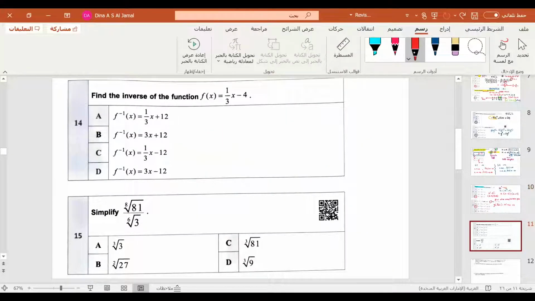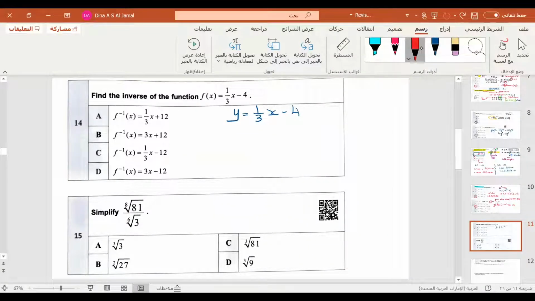Now let's go to 14. We solved many questions together previously about the inverse. So now let's take it together. How can I solve such a question? Whenever you are having, find the inverse of the function f of x equals 1 over 3x minus 4. First of all, you will put it as y equals 1 over 3x minus 4.